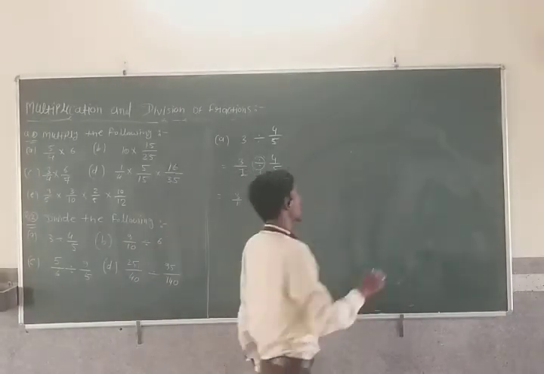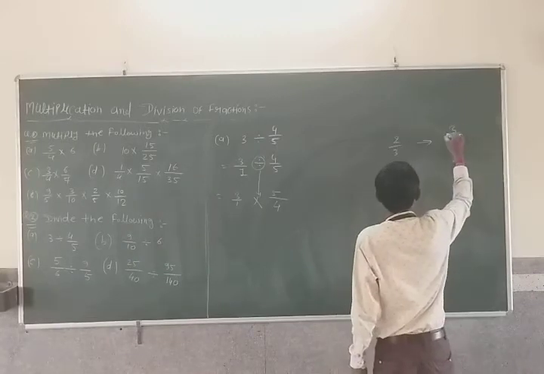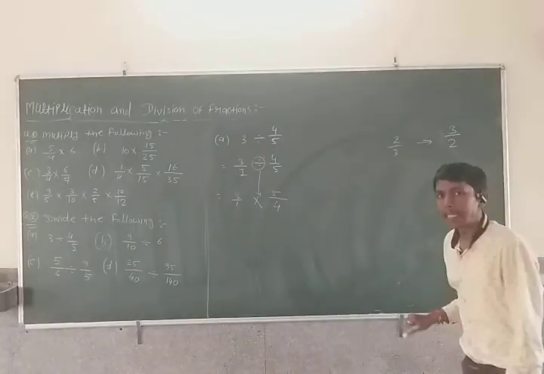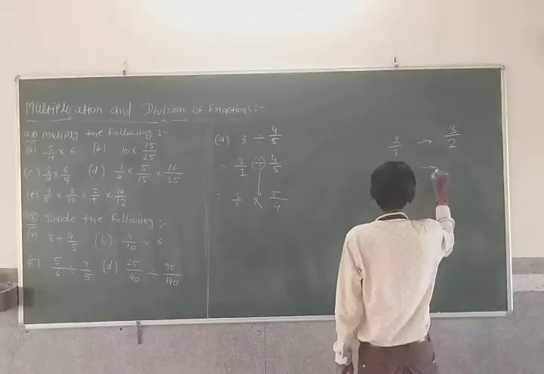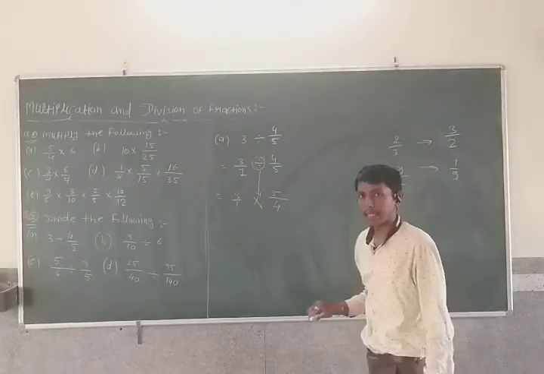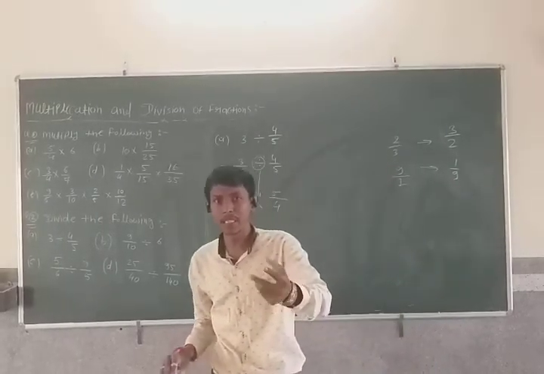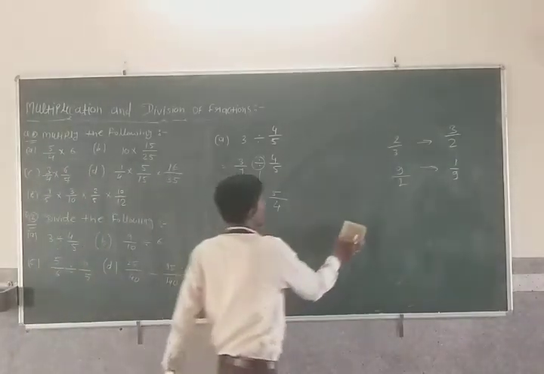What is the reciprocal? If someone asks me to write the reciprocal of 2 upon 3, then the reciprocal of 2 upon 3 will be 3 upon 2. Write the reciprocal of 9, then the reciprocal of 9 will be 1 upon 9, like that. Numerator in the denominator, denominator in the numerator. So that is the reciprocal.